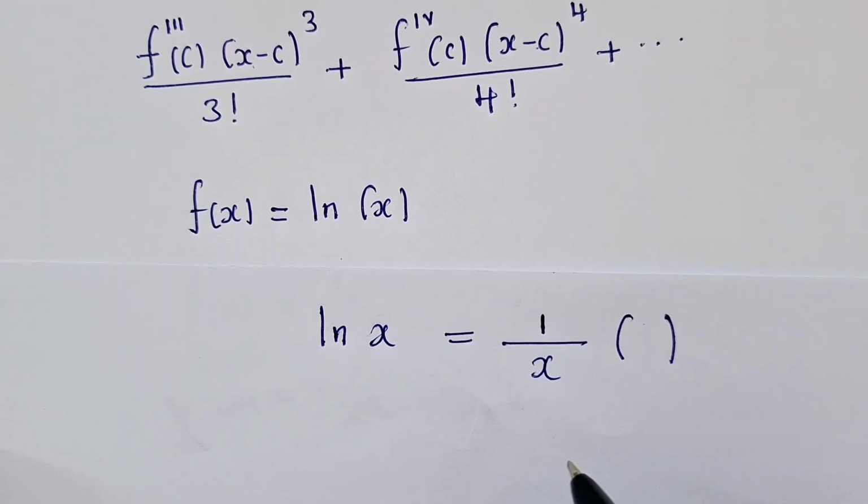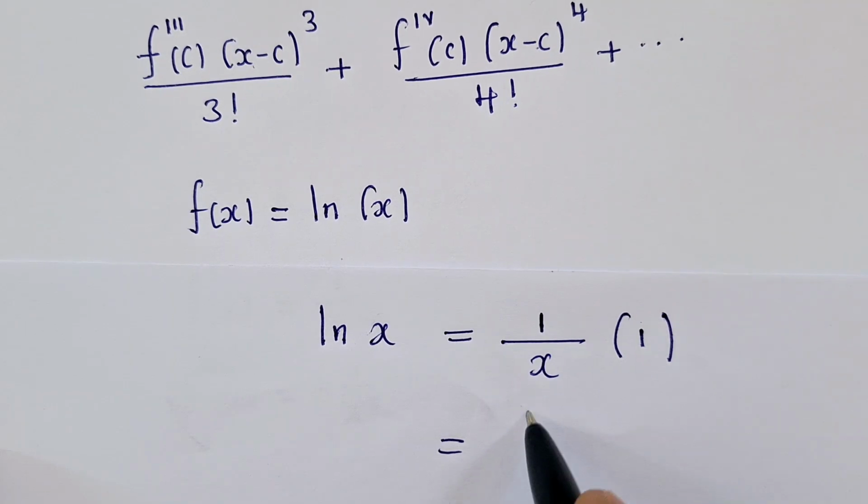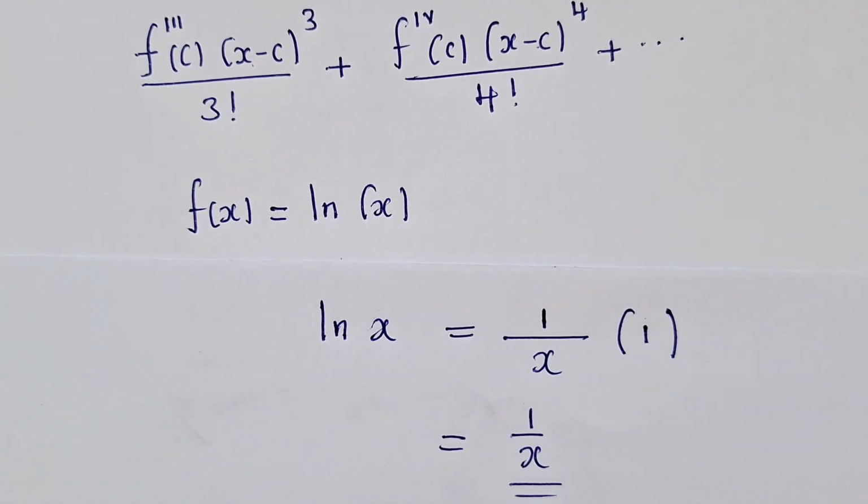What is the derivative of x? It's 1. So 1 times 1 over x is 1 over x. That's how we find the derivative of ln.